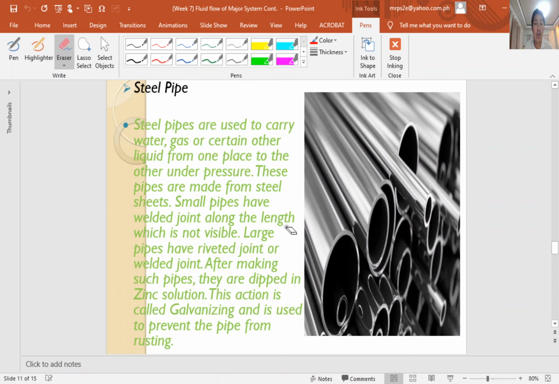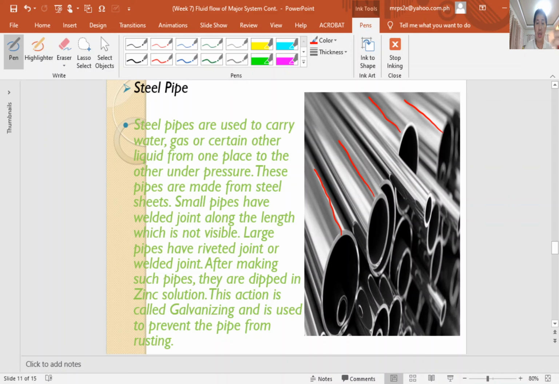As the statement says here, these pipes are made from steel sheets. Small pipes have a weld along the length, which is not visible. Inside here, or here outside, during the fabrication of the pipe, the whole length from one end to the other end is welded, but you cannot see it.